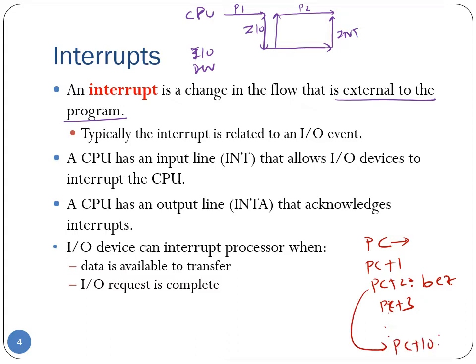Now this change in the flow of program was caused by the execution of this branch statement, which is internal to the program. This branch statement is part of the executing program itself. So this change in flow of program was not caused by something external. It was caused by the program instruction itself.